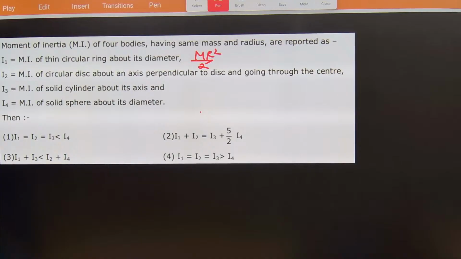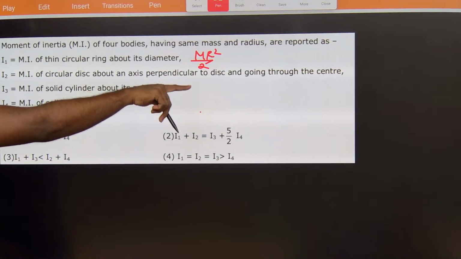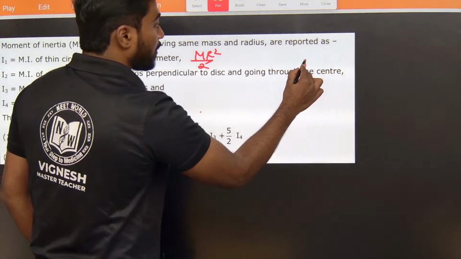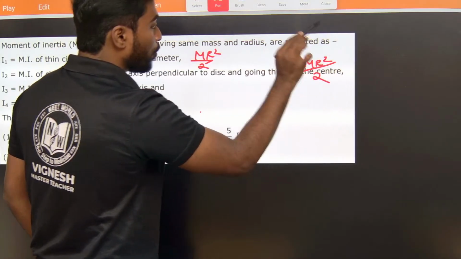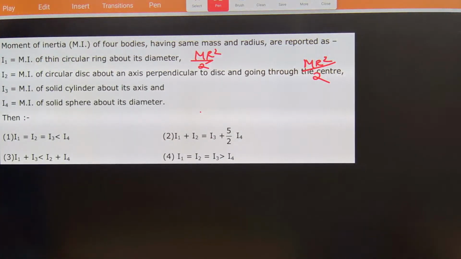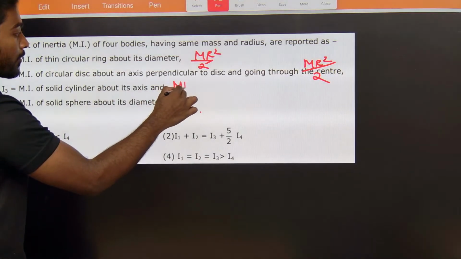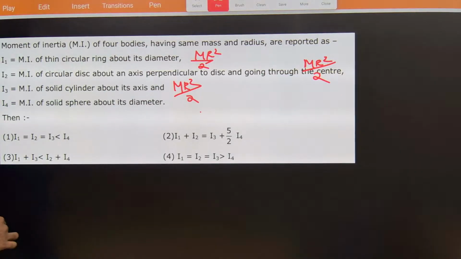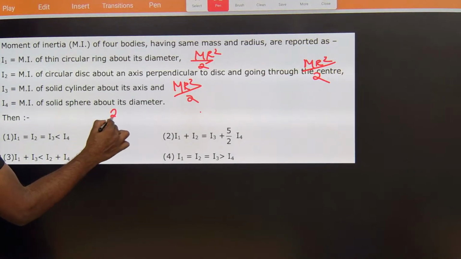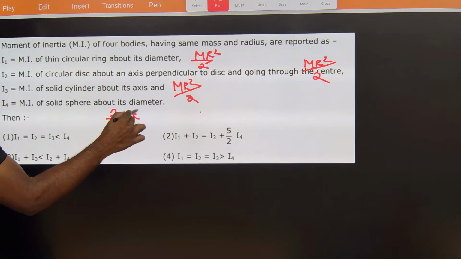Moment of inertia of circular disc about axis perpendicular to disc. Yes, this also mr square by 2 only. What about the third one? Moment of inertia of a solid cylinder about its axis. So this also mr square by 2. What about the fourth one? Solid sphere about its diameter. So this is 2 by 5 mr square.